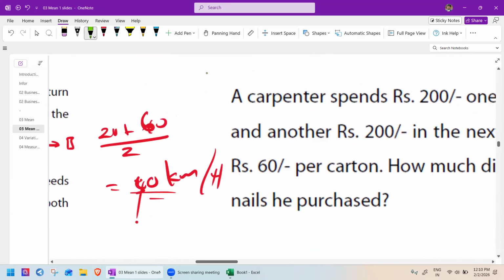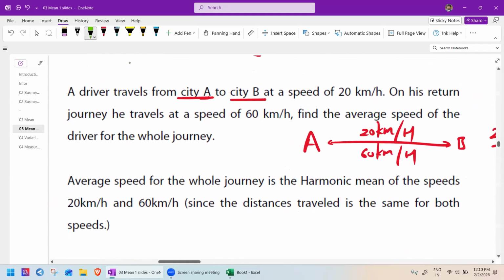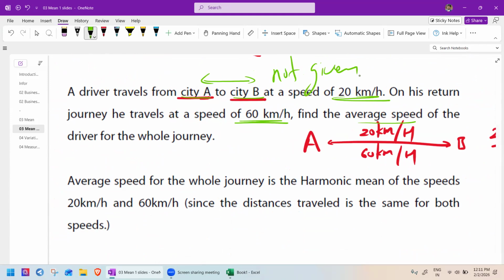In the question, they didn't give us the distance. The driver travels from city A to B at the speed of 20 kilometers per hour. On his return journey, he travels at 60 kilometers per hour. Find the average speed. The distance between A and B is not given, and the time is also not given.